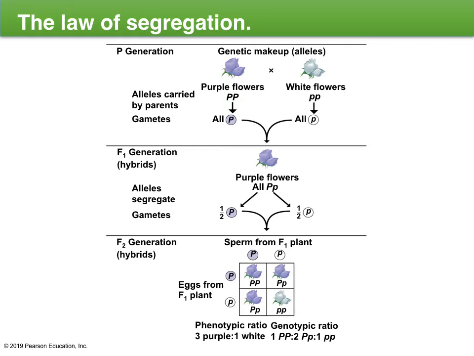Now, we cross those F1s, right? So sperm, which emerge from the pollen grains, when the plant is pollinated, each one of those sperm is going to carry one allele. So it can either be carrying the dominant allele or the recessive allele. Same thing for the female. Each egg is going to have either the dominant allele or the recessive allele.